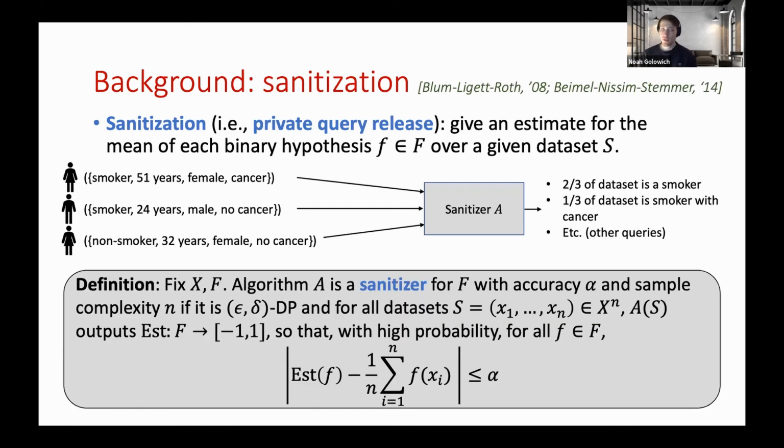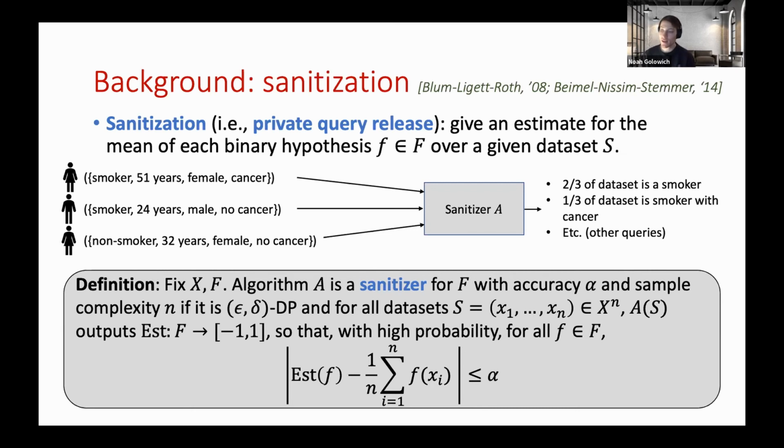And here's the definition of a sanitizer. For given X and F, an algorithm A is a sanitizer for the class F with accuracy alpha and sample complexity n if the algorithm is epsilon delta differentially private. And second, for all data sets S consisting of n points in X, the output of A on S is a function est, which maps from F to the reals in [-1, 1].